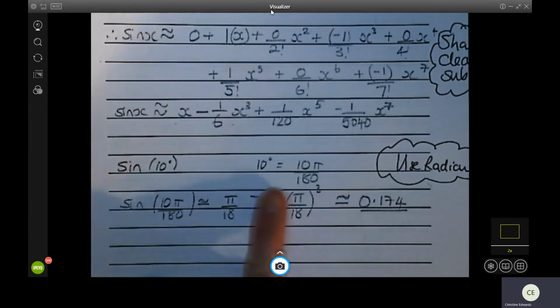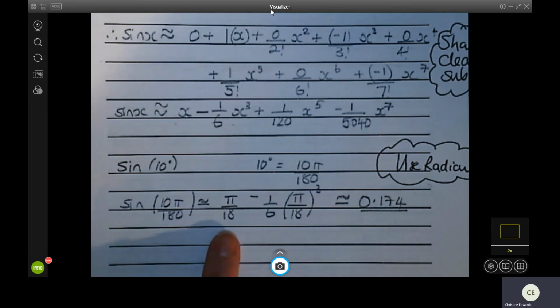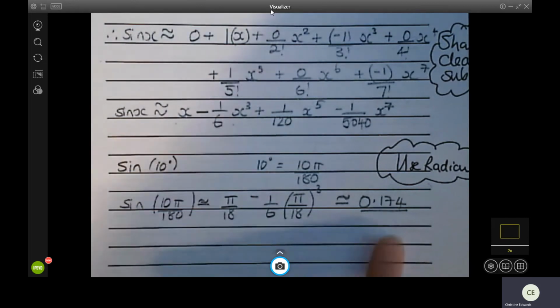So converting from degrees to radians, and then subbing in pi over 18 for x gives us an approximate value of 0.74. And that's Maclaurin series.